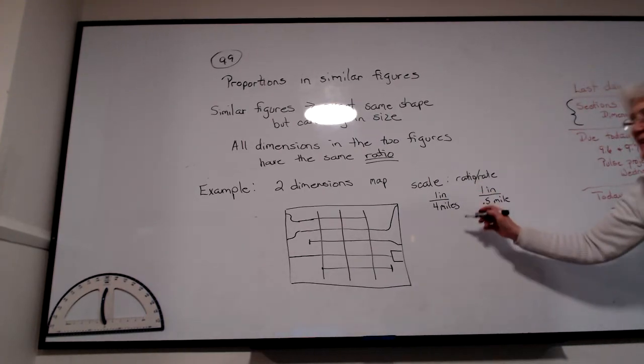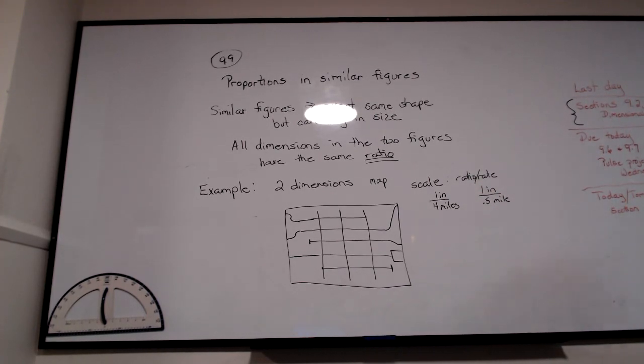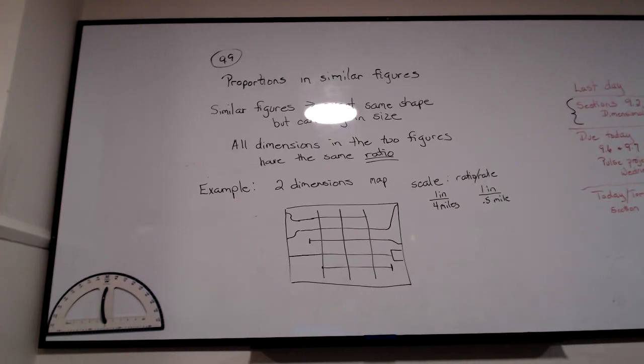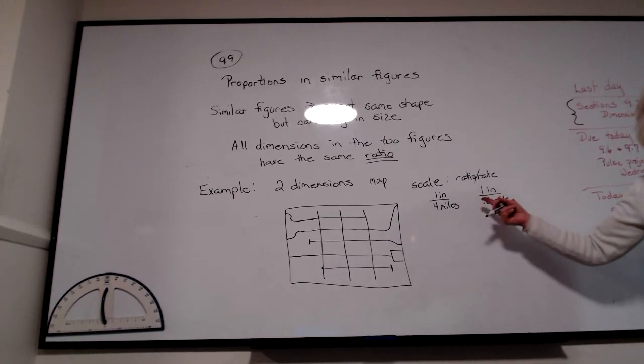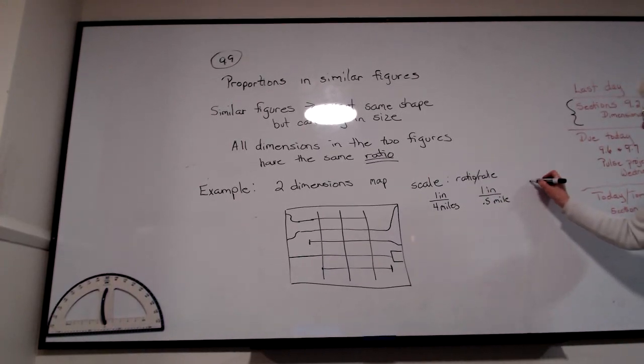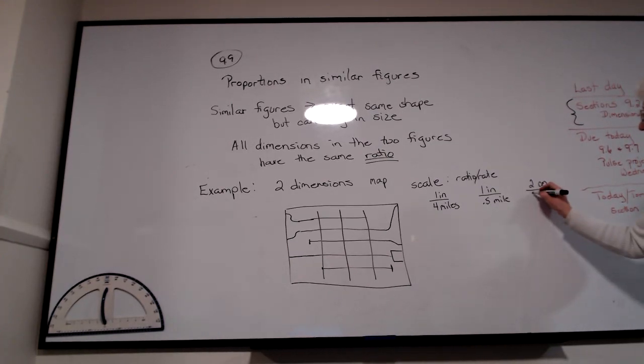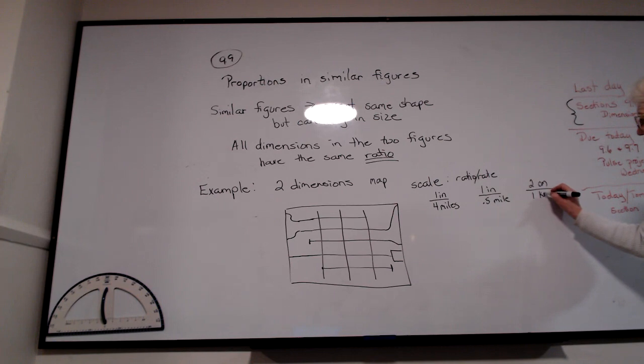Usually they give it in inches to miles because an inch is a lot shorter. If you were in Europe, it wouldn't be in inches. They may say 2 centimeters is the same as 1 kilometer, because a kilometer is what they measured theirs in, not miles.